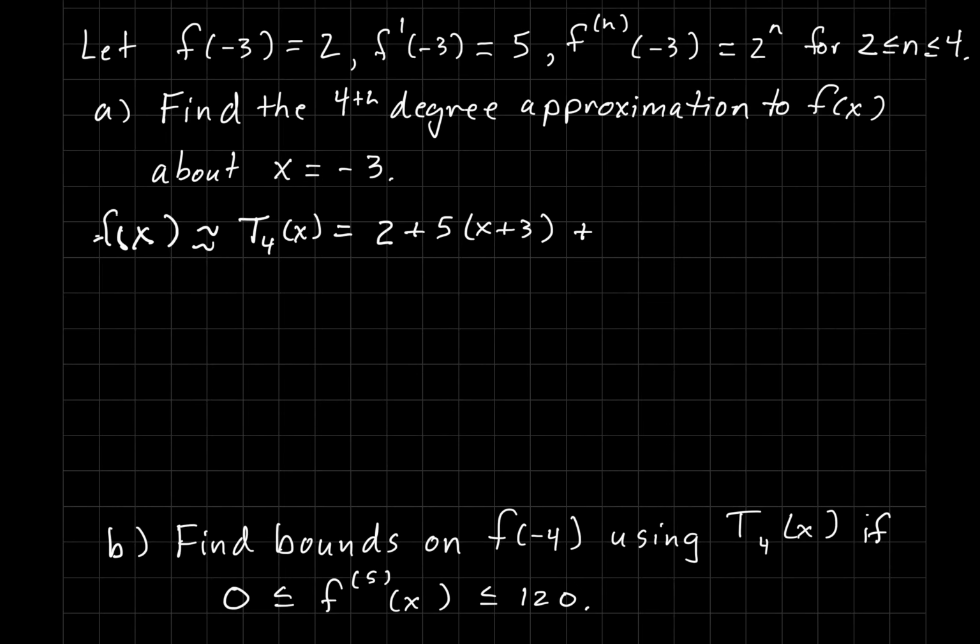plus 2 to the 2, because my f double prime of negative 3 is 2 to the n.